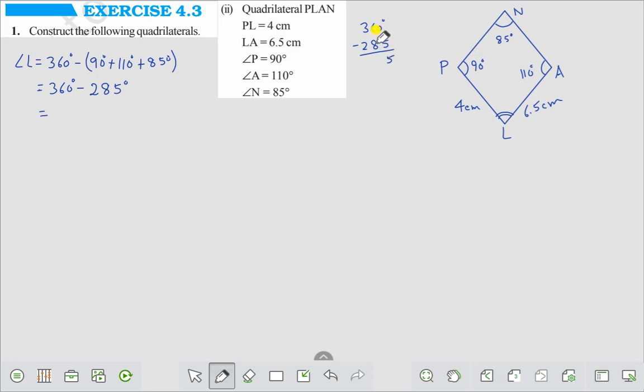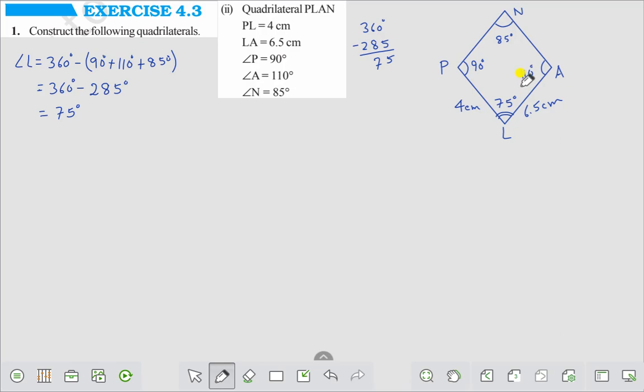Carry 1, it was 9. 9 plus 7 is 16. Carry 1 to the 75 degree. Therefore, we are getting the value of L as 75 degree. Right? Now we'll draw this quadrilateral.